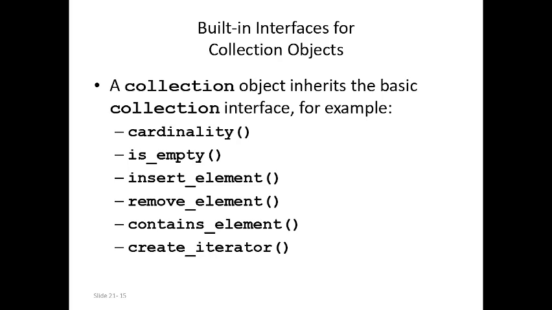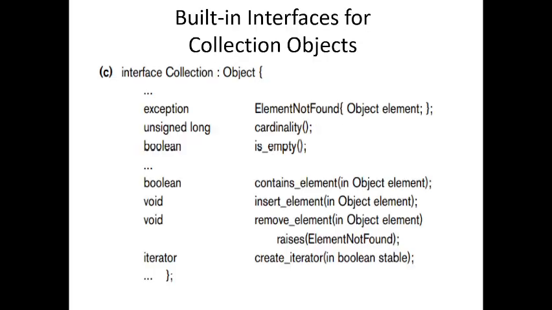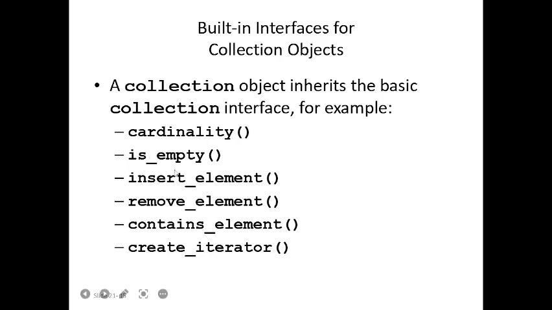Given a collection object O, we can define these operations: O dot cardinality, which returns the number of elements in the collection, and O dot is empty, which returns true if the collection O is empty and returns false otherwise.